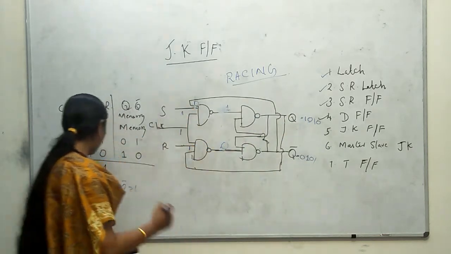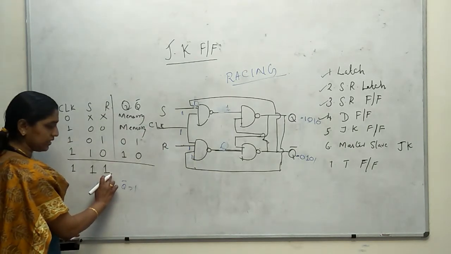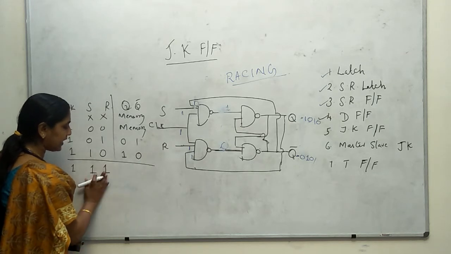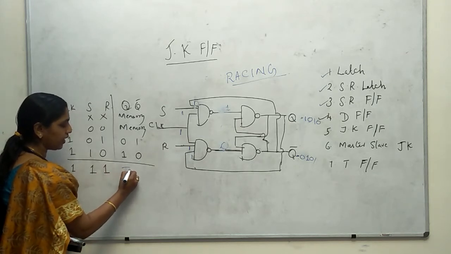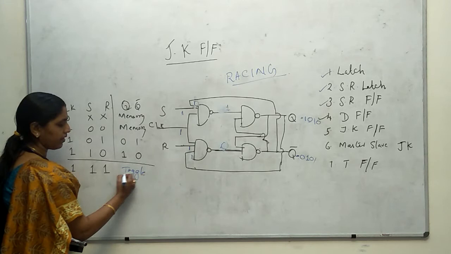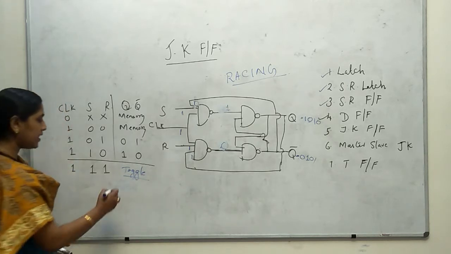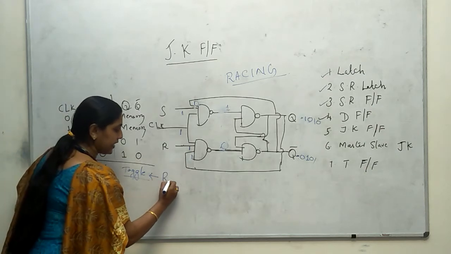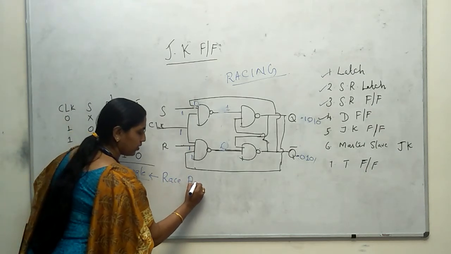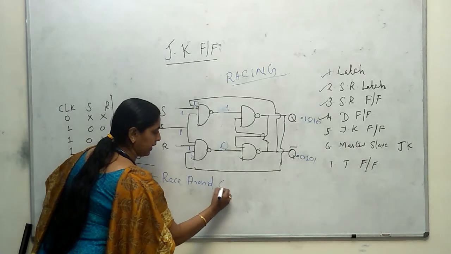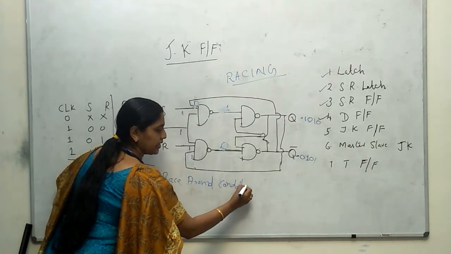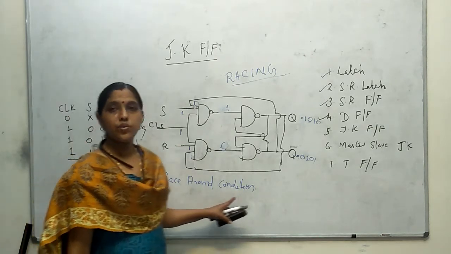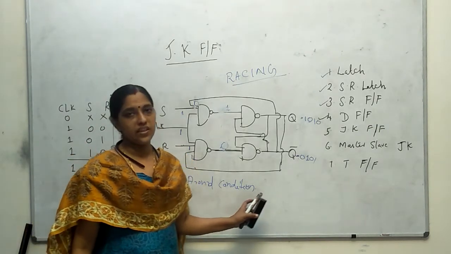So when S is equal to 1 and R is equal to 1, we will say that this is a toggle case, and this particular system condition is known as the race around condition. This is a very important portion for your exam. They may ask you to explain what is a race around condition in this flip-flop.